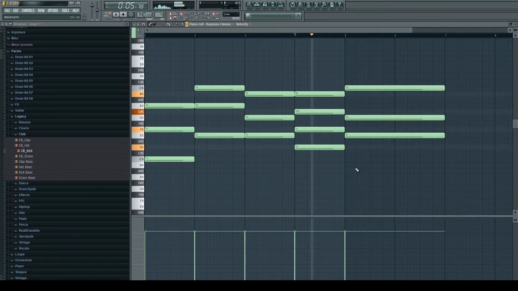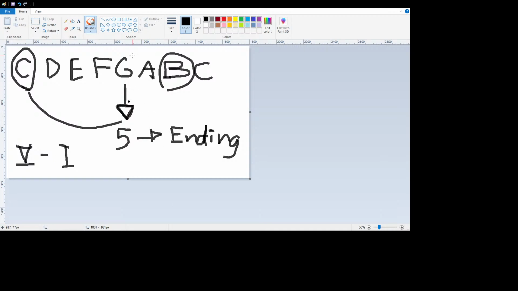Tension, resolution, or release. So again, some basic functions of chords: the 4th and the 5th chord of a major scale, or any scale, is usually used for endings, right?